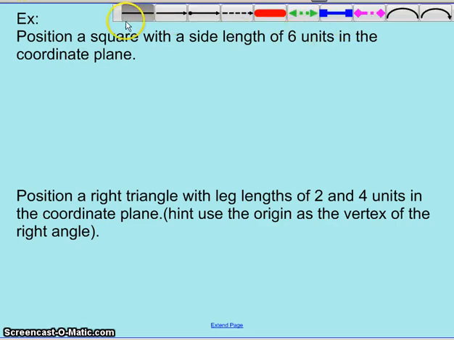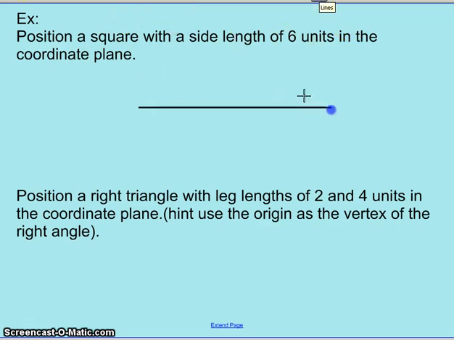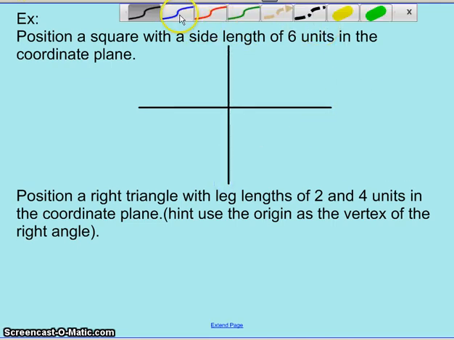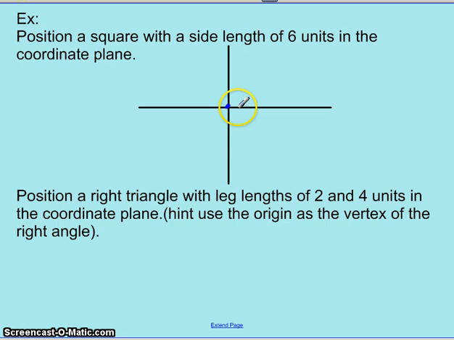Let's get a little coordinate plane up here real quick. Stretch this across there, stretch this across there. Perfect. And what we're going to do is put one vertex right at the origin. So we're going to first mark that point A here at the origin.